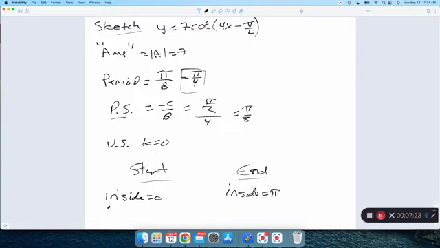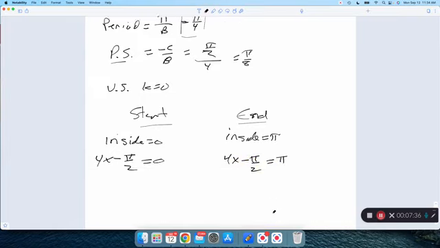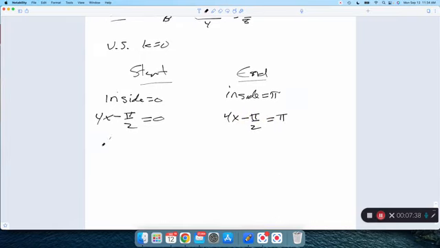What's our inside? Inside the parentheses equals 0, and inside equals pi. All right, what do we get here? We get 4x equals pi over 2. So x is pi over 8.